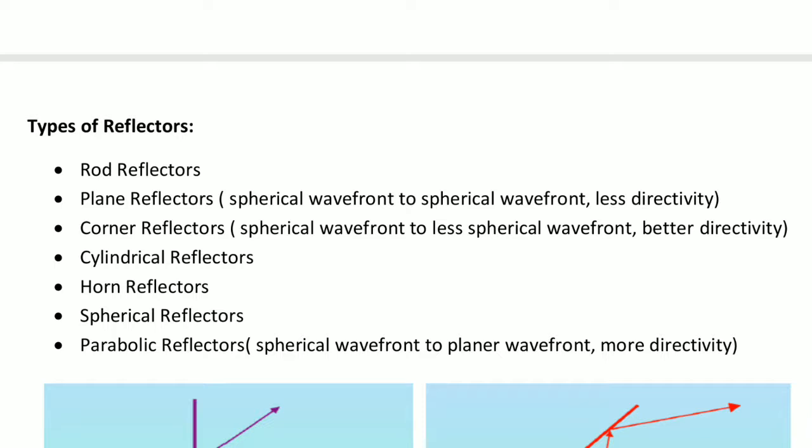So these are the simplest reflectors to direct electromagnetic waves in the desired direction. It is difficult to collimate the energy in the forward direction. This is the reason why there is less collimation of energy in the forward direction, because it has a spherical wavefront structure.